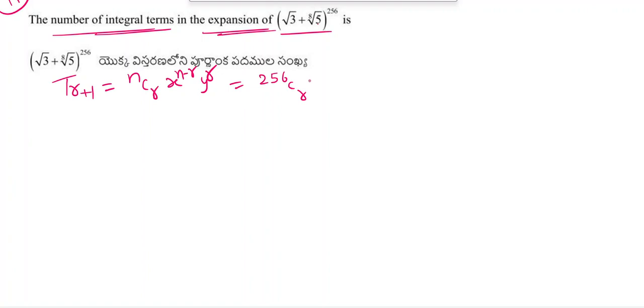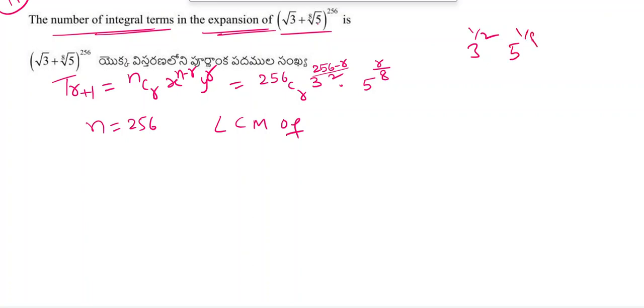The x value is root 3, that is 3 to the power of (256 minus r) by 2, into 5 to the power of r by 8. This is the value. Here n is equal to 256. Now we take the LCM of the powers: here it is 3 to the power of 1 by 2 and 5 to the power of 1 by 8.